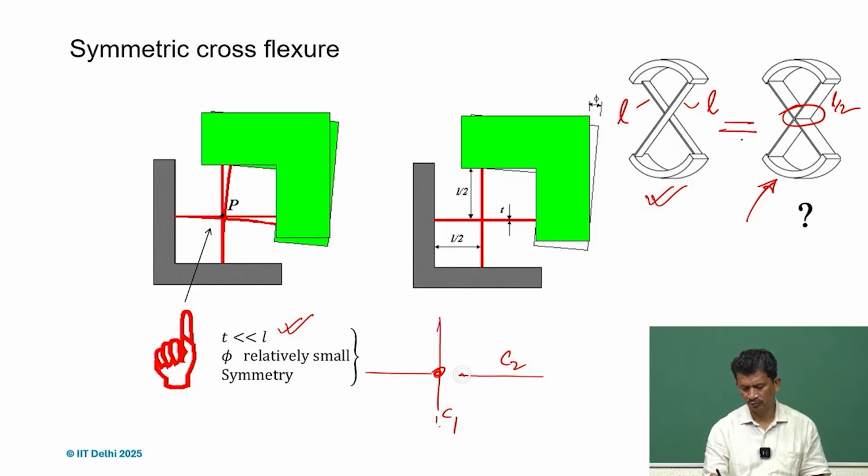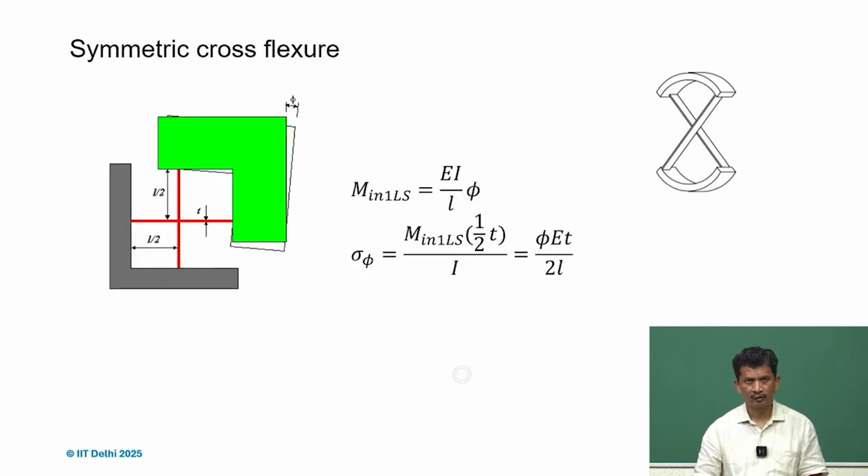So these two are not the same. When we consider this case, yes, it looks symmetric, but they are overlapping and not crossing each other, and they are free to deform.